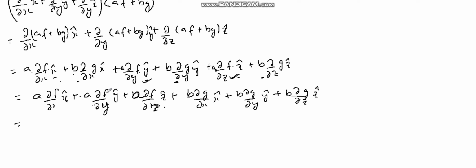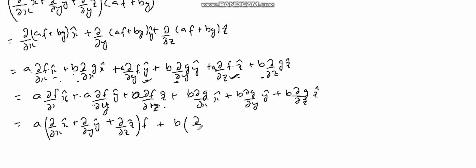We factor out a, and the del by del x x cap plus del by del y y cap plus del by del z z cap, so we have factored out a and f. In a similar way, we factor out b and del by del x x cap plus del by del y y cap plus del by del z z cap, and then g is left.